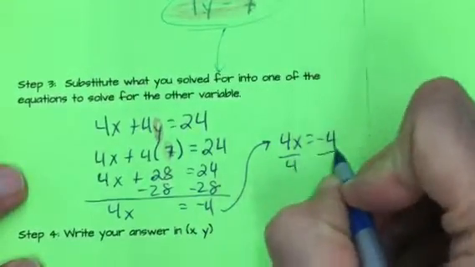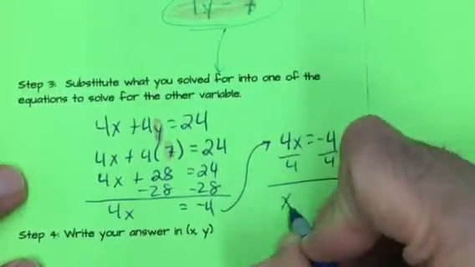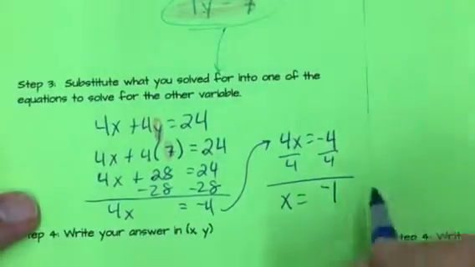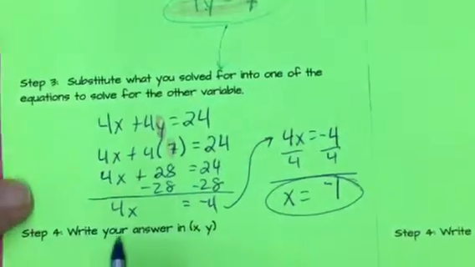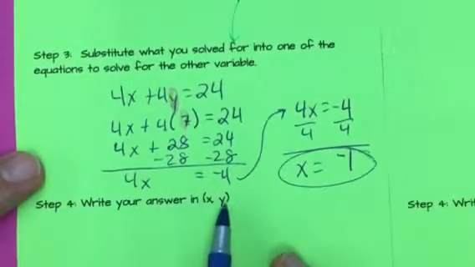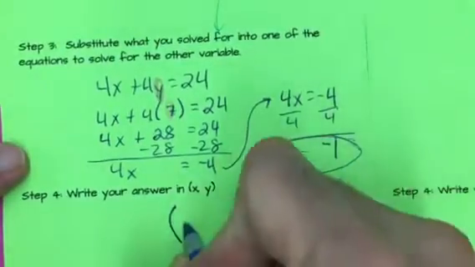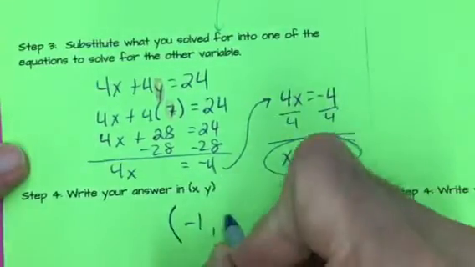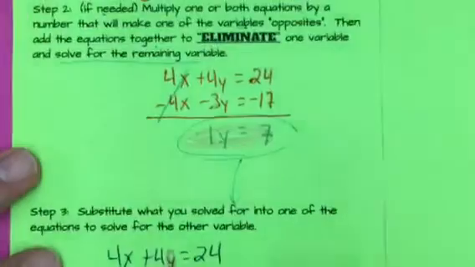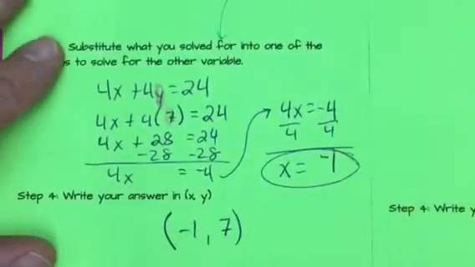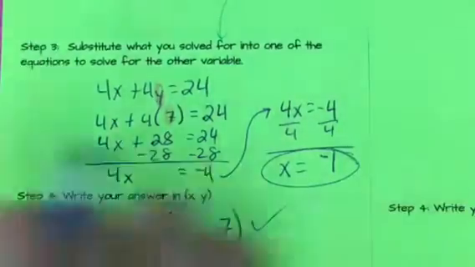Divide by 4, divide by 4. X equals negative 1. That's my second answer. Write your answer in an ordered pair, x, y. X is negative 1. Y was, remember, y was 7. Done.